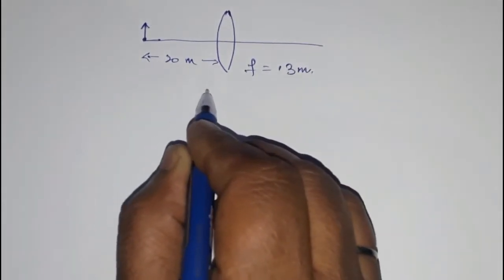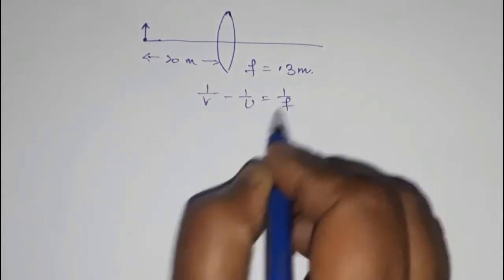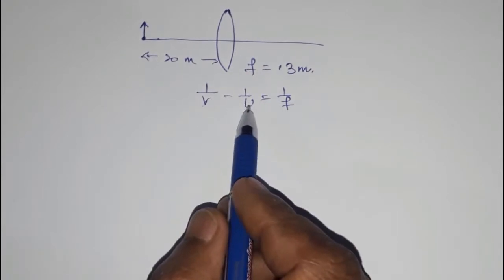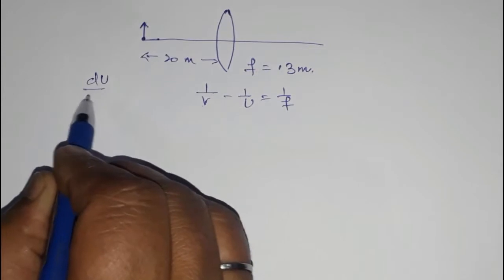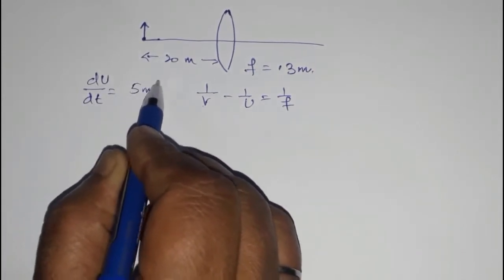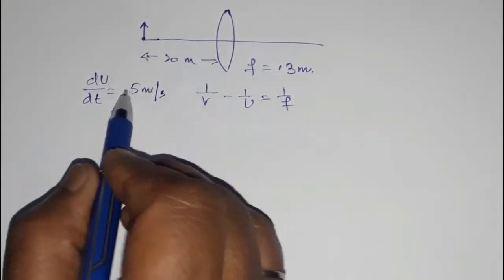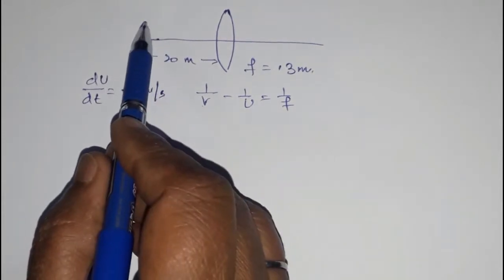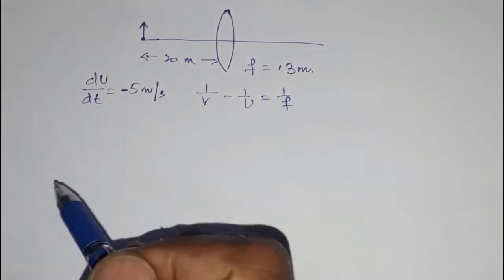And we know that 1 by V minus 1 by U equals 1 by F. To find the velocity of the image, the velocity of the object is given as du by dt equal to 5 meter per second. As it is taken away from the lens, it will be negative, because the incident direction is towards the right and it is taken towards the left, so this will be minus.